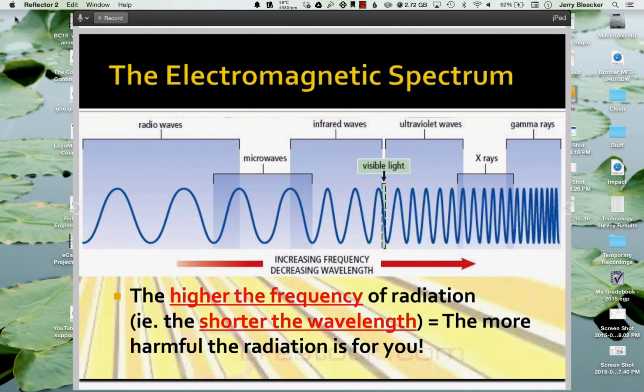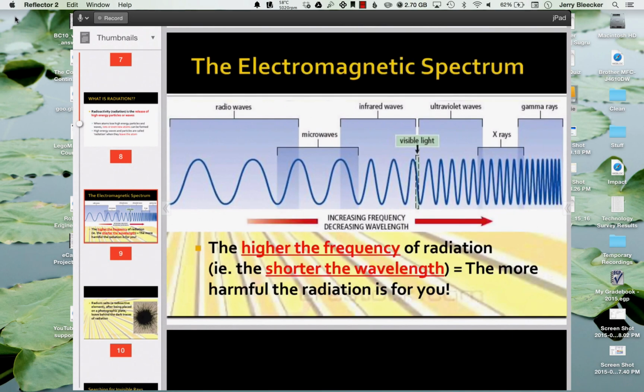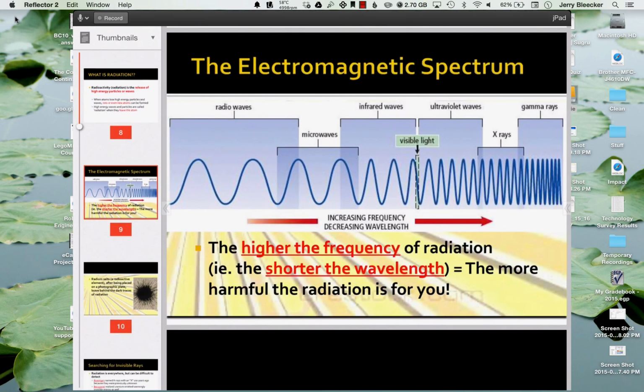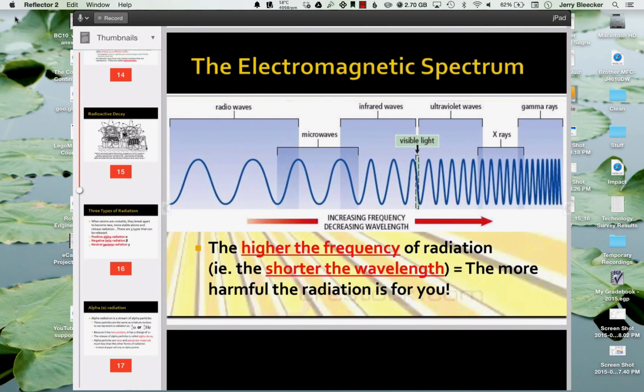Their wavelengths are very tight, so they're delivering large amounts of energy very quickly, which is very bad for our genetic structure. This causes all sorts of mutations and can bring on cancer. It's not good. However, at the same time, we can focus energy like gamma rays on tumors to try to kill them.